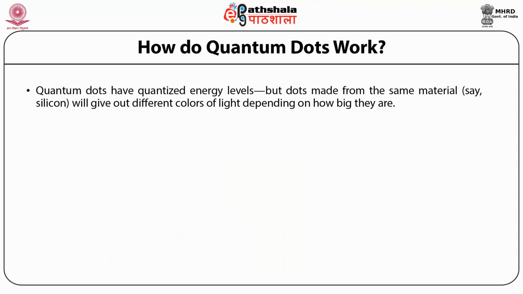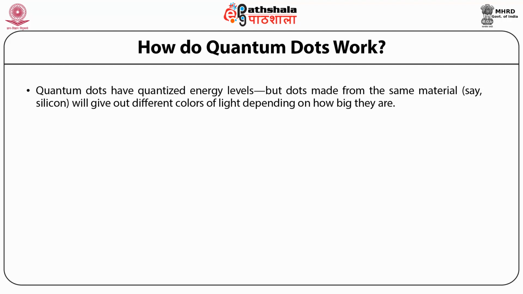As we have discussed in the previous slide, the electron absorbs energy, is excited to the higher levels and releases energy. So a quantum dot also emits light by a similar mechanism because the charge carriers, that is electrons and holes entrapped within it, have discrete energy levels.